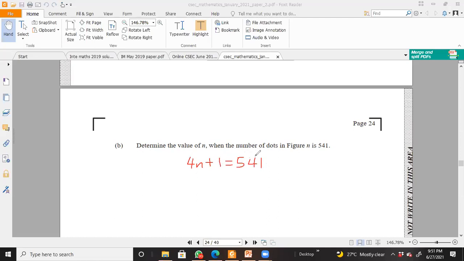We move this 1 to that side. So 4n is equal to 541 minus what? 1. Minus 1, right? So we get 4n is equal to 540.